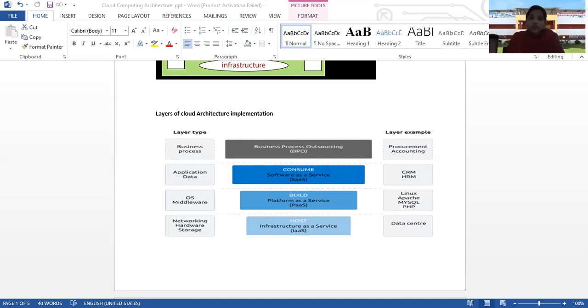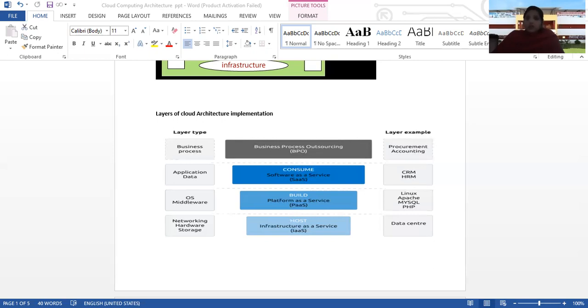Then business process outsourcing, BPO. The top layer of the cloud is business process outsourcing, as BPO certainly is not a technology. There are discussions about whether BPO can be regarded as a cloud layer, but as mentioned in the beginning of the article, the cloud is all about business models, not technology, right?